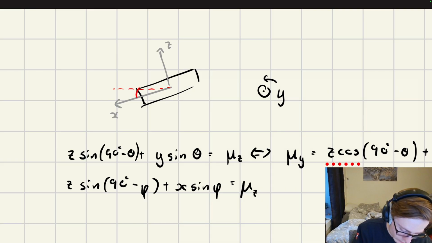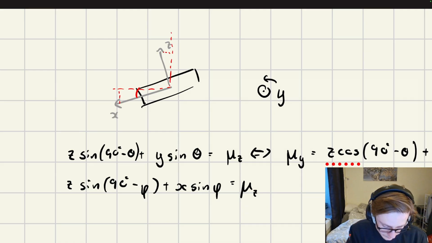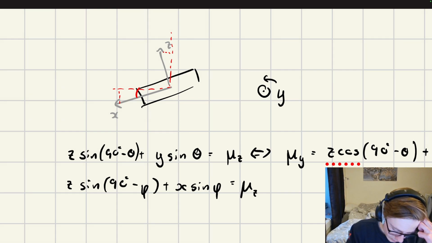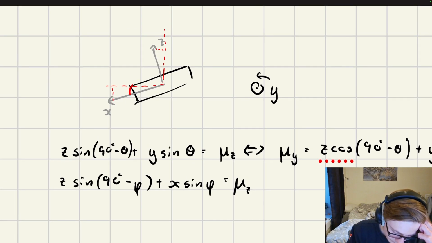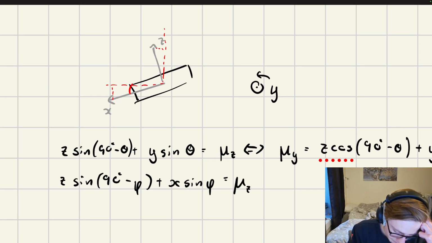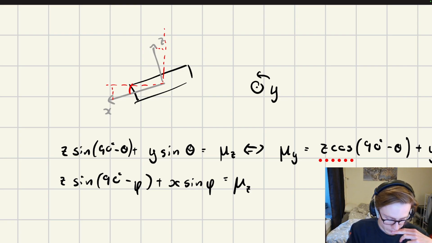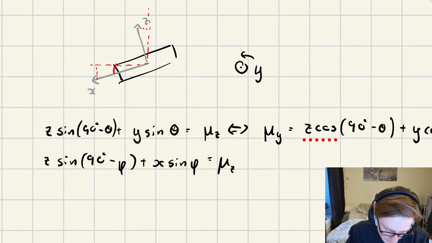That's the angle of y. So components. So our expected set value will be x sinus psi plus set sinus up.